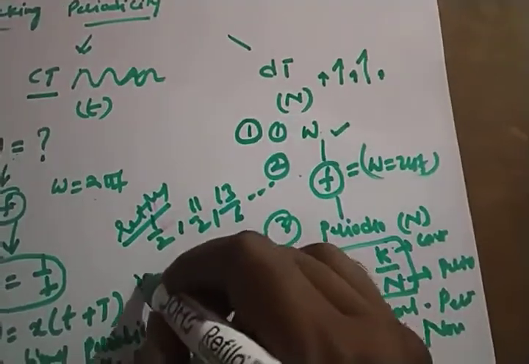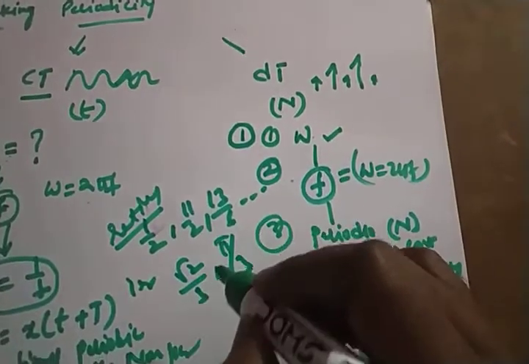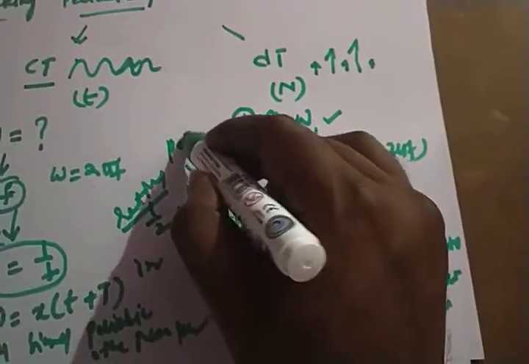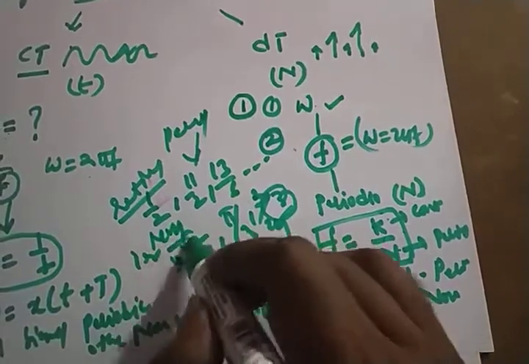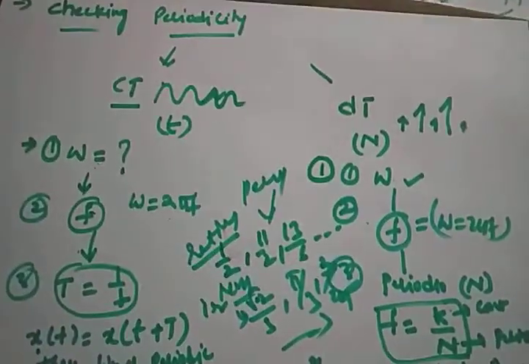Irrational numbers are root 2 by 3, or pi by 3, or 3 by 2 pi. These are irrational numbers. If it is a rational number, then it is a periodic signal. If it is an irrational number, then it is a non-periodic signal. In this form, you have to find out whether the signal is periodic or non-periodic.